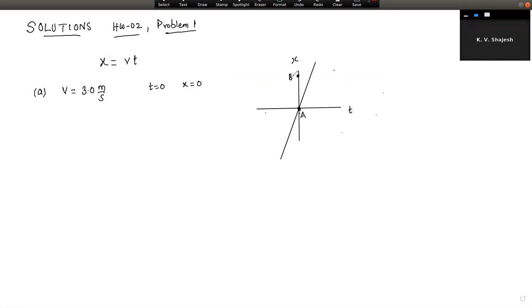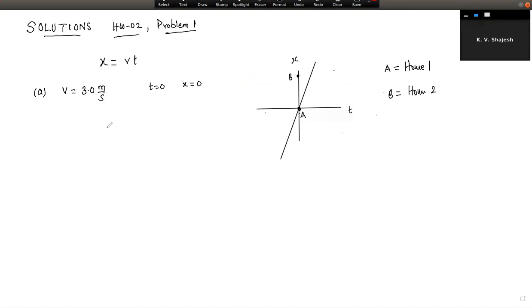So you're maintaining constant speed while going through. So A could be a house 1 and B is house 2, and it's connected by a straight line, and you're crossing point A and point B with constant velocity 3 meters per second. And since B is at a larger distance in the direction of x, you reach B at a later stage.